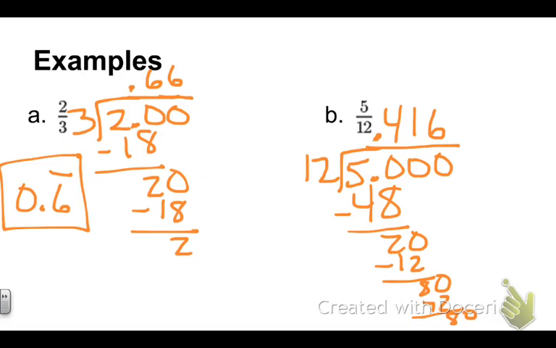I'm going to notice something here. Every time I'm going to get an 80, and I'm going to be able to put the 6 in there, it's going to repeat. You could check this out with the calculator on your own. But because that 6 is going to repeat, your decimal is 0.416 repeating. That's what that would be.